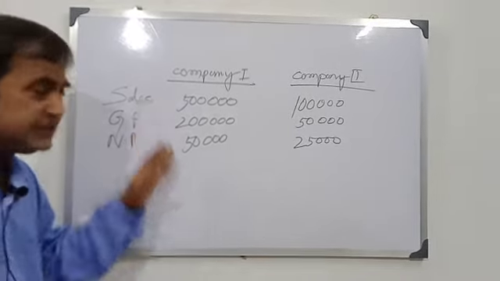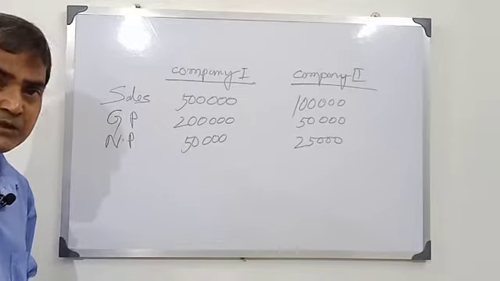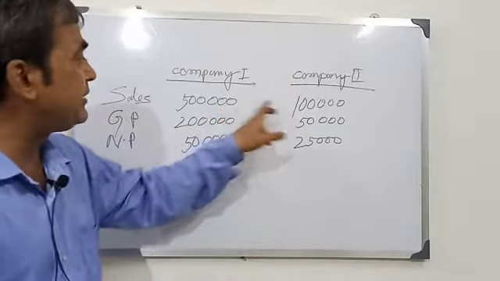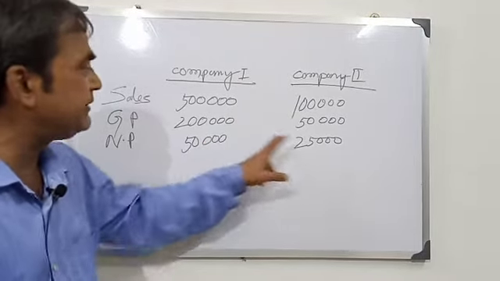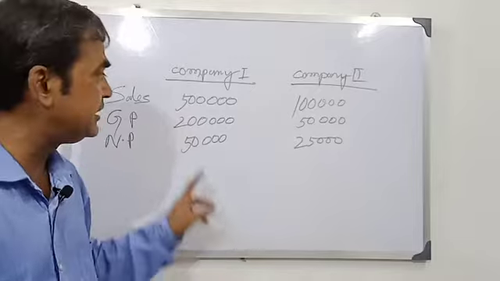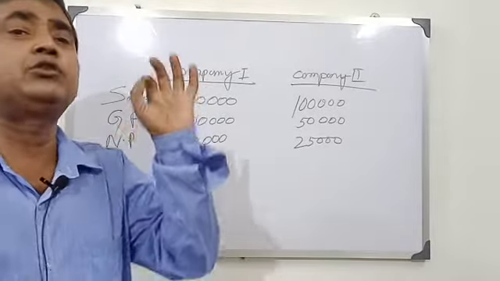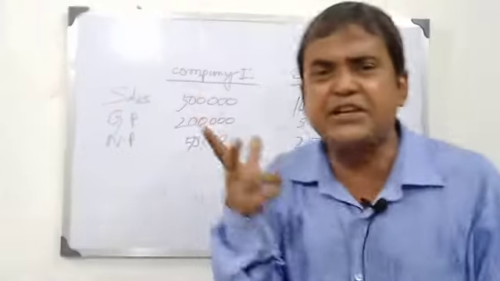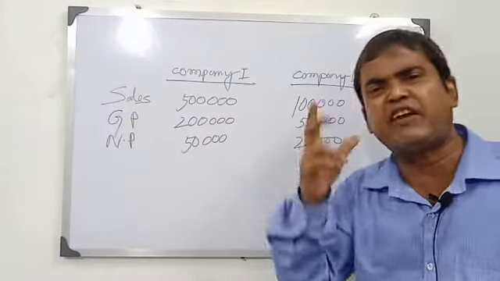But is that company really doing better? Or is the company with less sales, one-fifth of the sales, one-fourth of the gross profit and 50% of the net profit, doing better or not? Only possible through ratio analysis. So ratio analysis is the simplest technique in financial management.